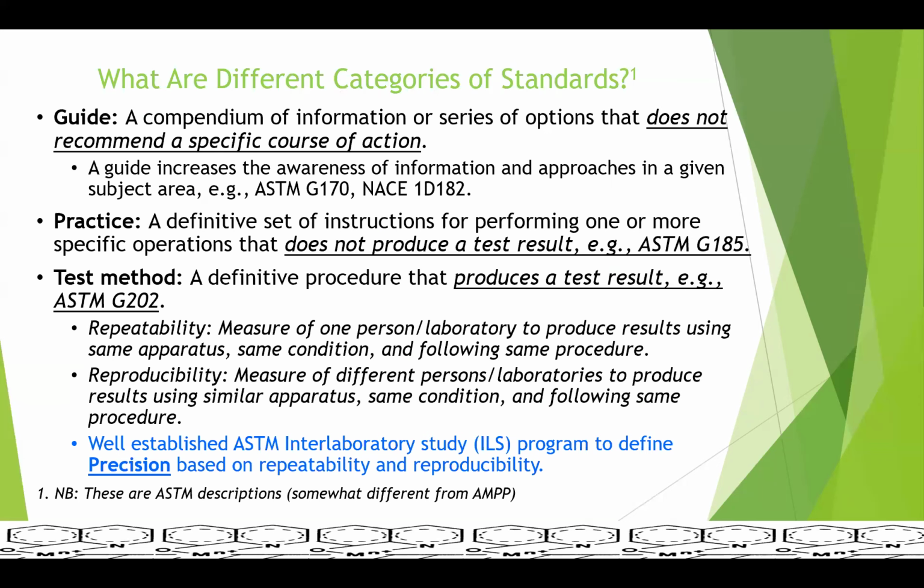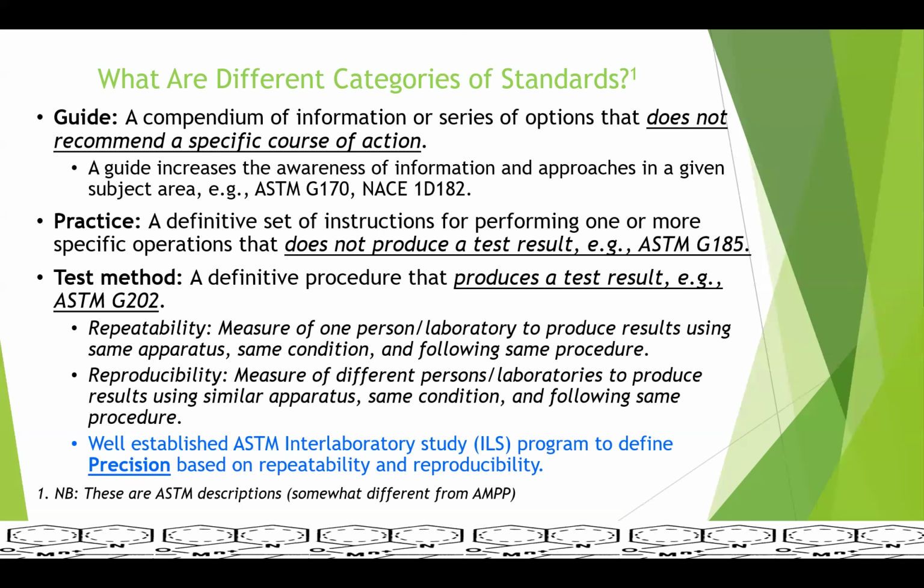Standard practice provides a definite set of instructions for performing one or more specific operations, but it does not produce a test result. It tells a step-by-step procedure, but it doesn't tell what will happen if I follow the step-by-step procedure. What is the end product? An example is ASTM G185.